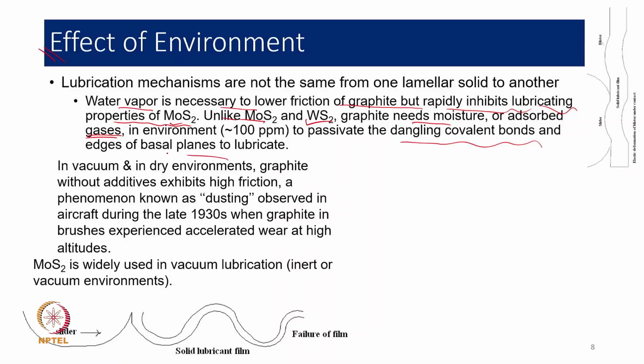and then the coefficient of friction will increase. It has been mentioned that in vacuum and dry environment, graphite without any other additives, water being one of the additives, exhibits high friction. In 1930 this phenomenon was observed, particularly in graphite brushes, where wear occurred in an accelerated manner.